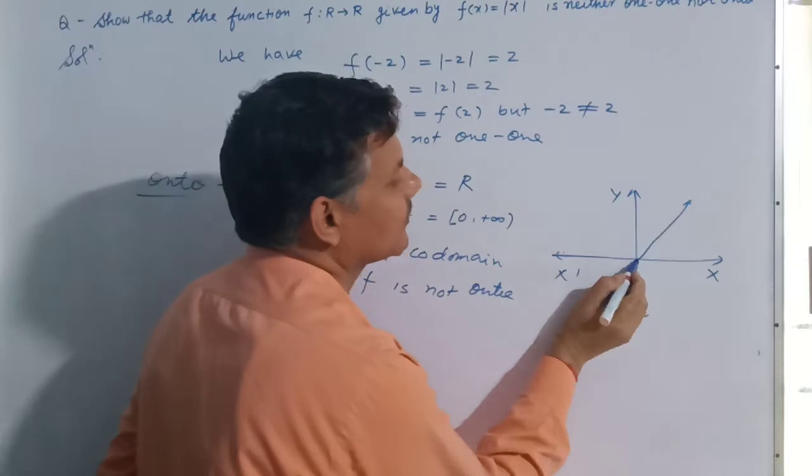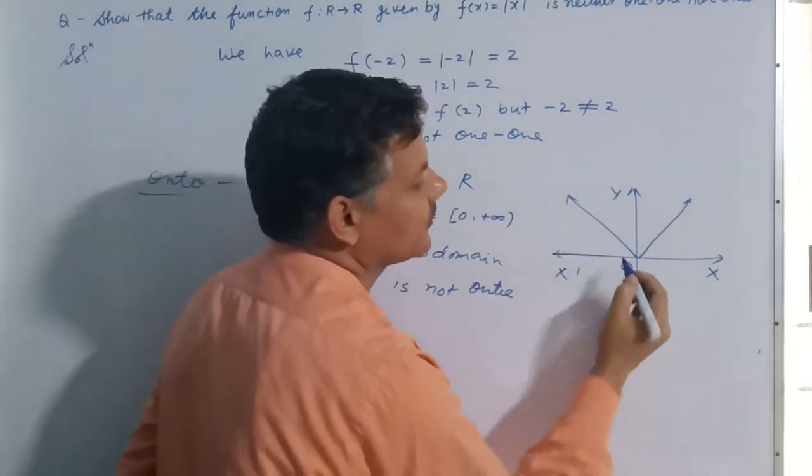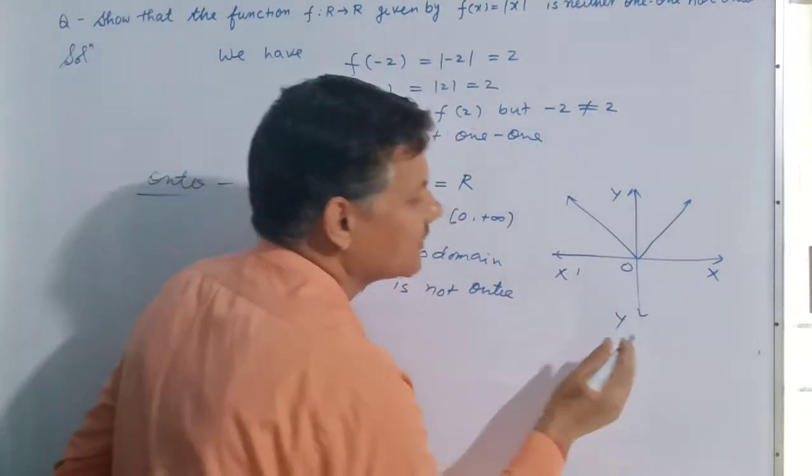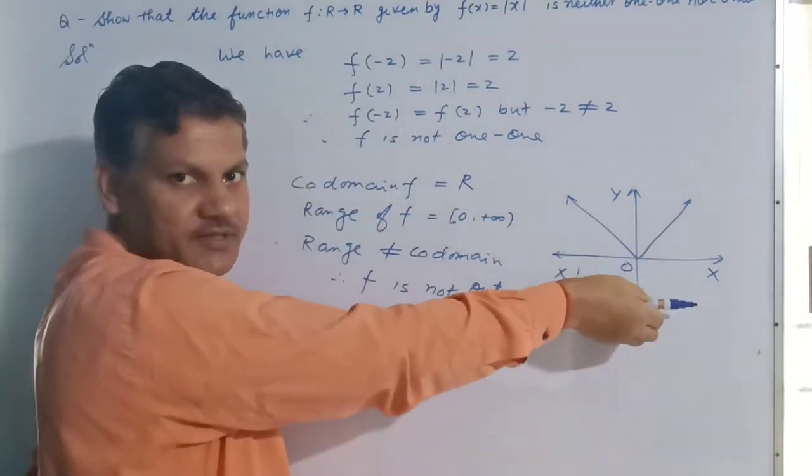y equal to x, y equal to minus x, and it is 0. Now here we see this portion, where there are negative real numbers.